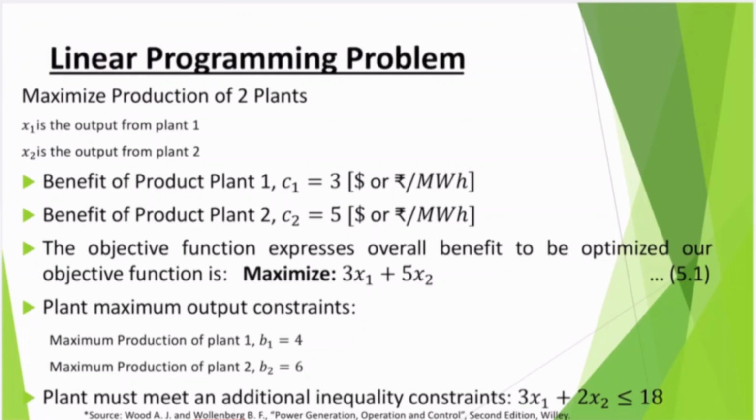So probably, let's say I have to maximize the production cost of two different plants with 3x1 plus 5x2 as my objective function, and with different constraints, there could be equality or inequality constraints. So if I say one of the inequality constraints is 3x1 plus 2x2 less than or equal to 18, then we'll try to solve this problem to the best of our capabilities.